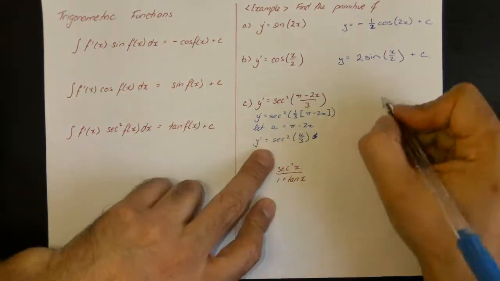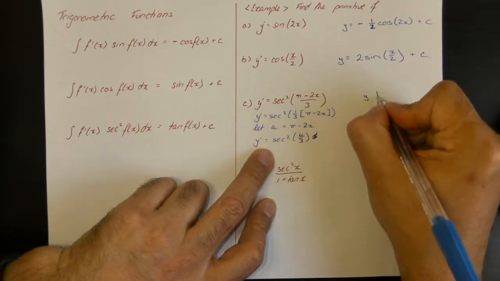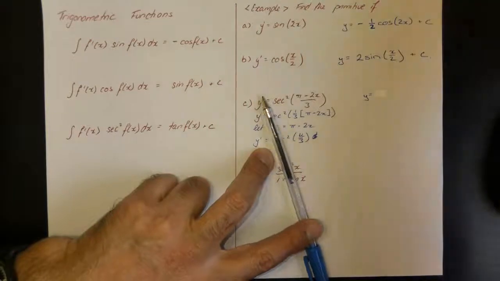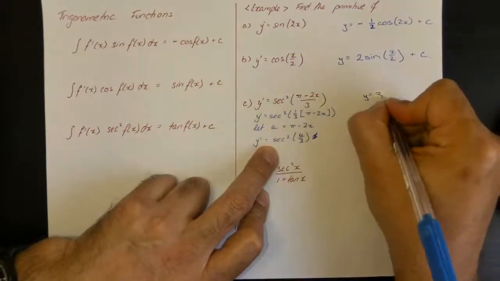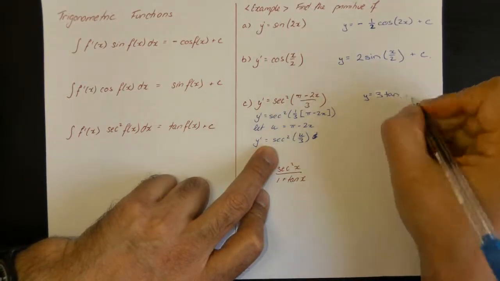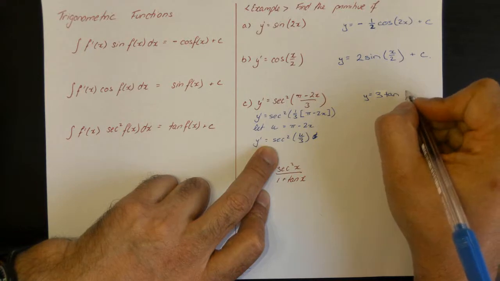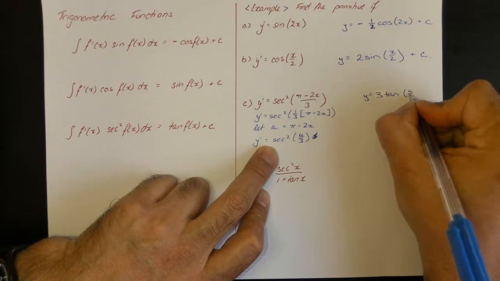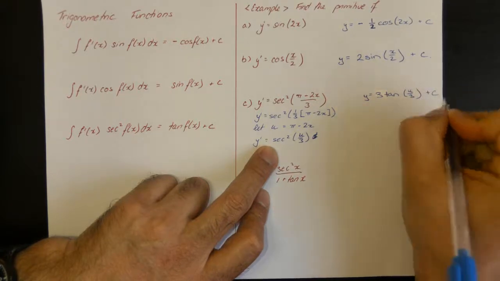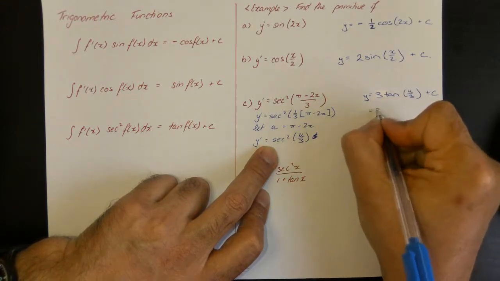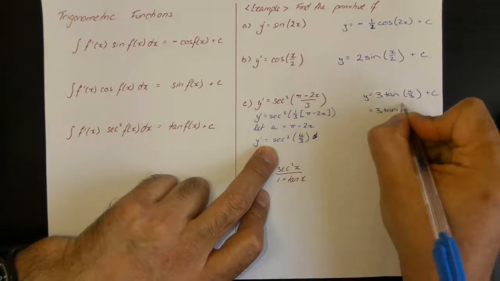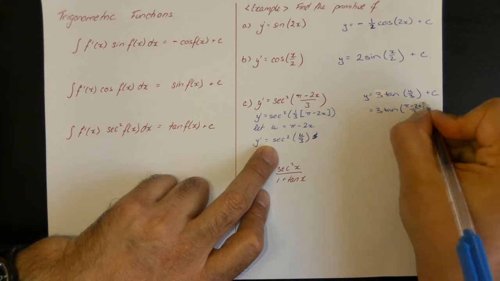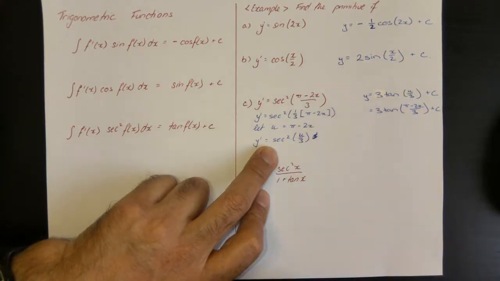So if I was to integrate that, I would get 3 tan of u on 3, plus c. Well, u is just pi minus 2x on 3 plus c.